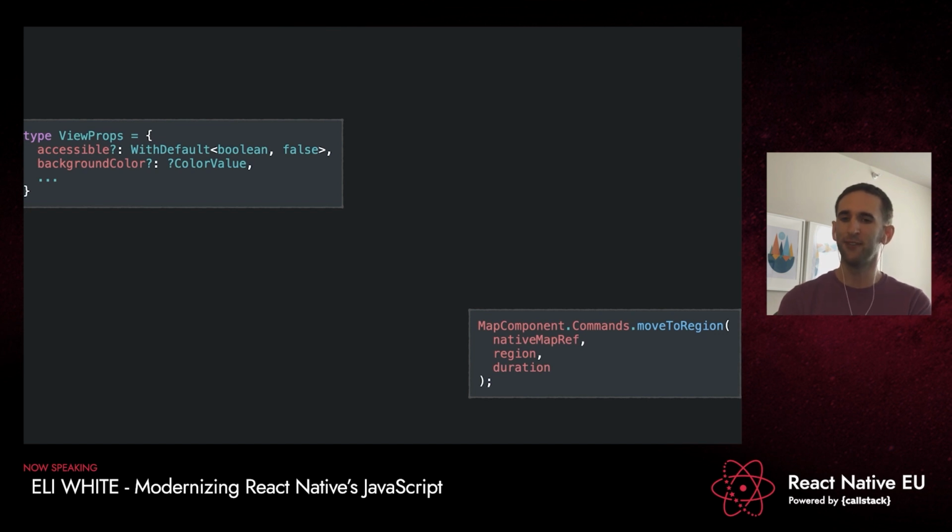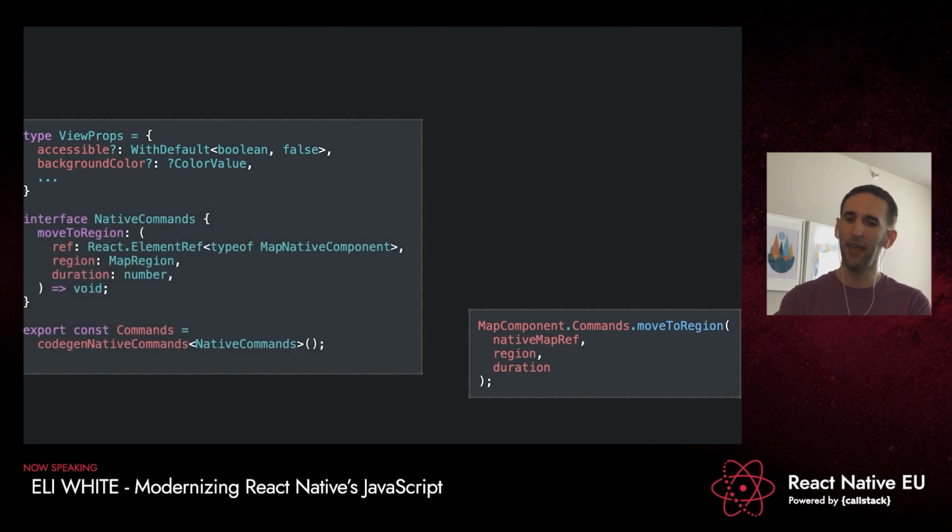But these schemas aren't just for props. We can also define the commands in our schema as well. In the schema, as you write your commands, you write these methods that are type safe, and you export this constant commands. The codegen actually uses this spec and replaces that commands constant in a Babel transform with the method that you have and the implementation for that to work and call to native.